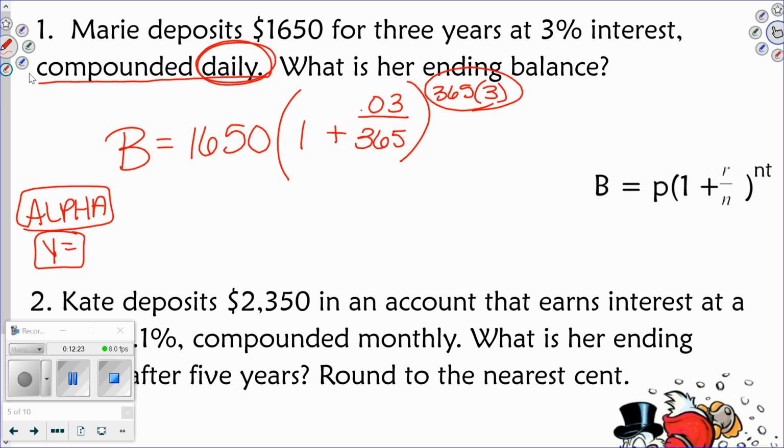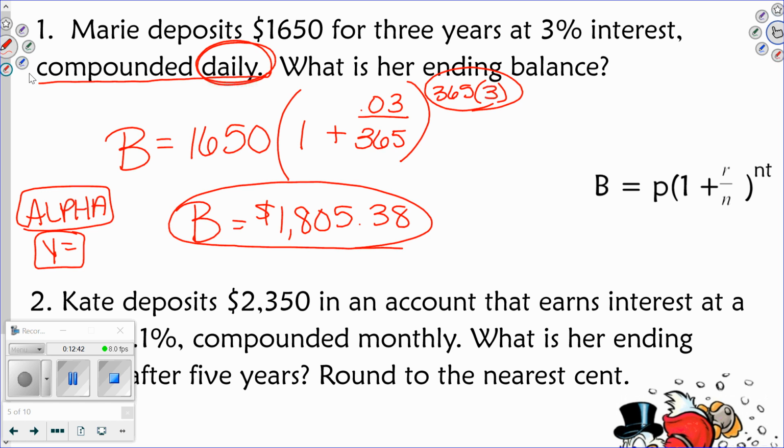Again, with the graphing ones, if you hit the caret button for your exponent, it allows you to type in whatever you want, and it stays up as an exponent, so it makes it nice. So the answer is $1,805.38. If you did not get that, I need you all to try this because the calculator is going to be your best friend or your worst enemy.